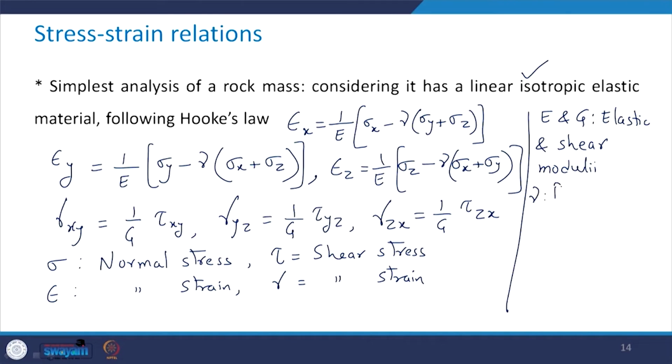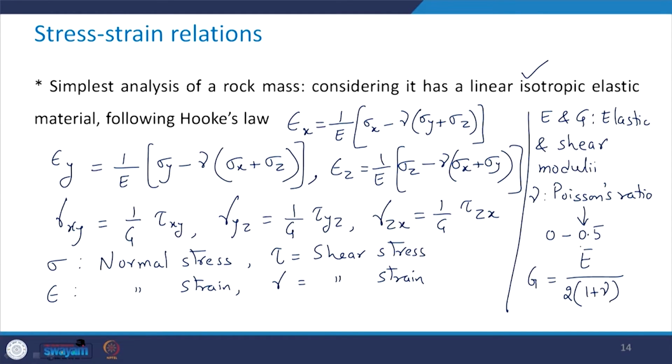Nu is the Poisson's ratio, which varies between 0 to 0.5, and there is a relationship between G and E, which is given by G is equal to E upon 2 into 1 plus nu.